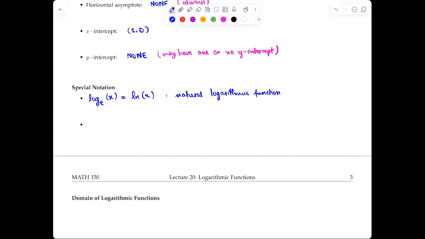It gets used a lot in mathematics and physics. The next special notation is log base 10 of x, or just log of x. This is called the common logarithmic function. This notation appears more often in chemistry and biology.